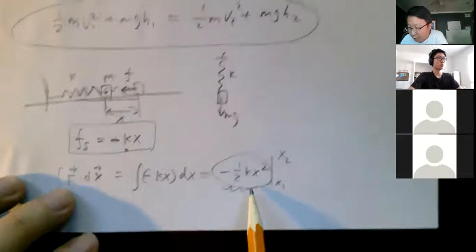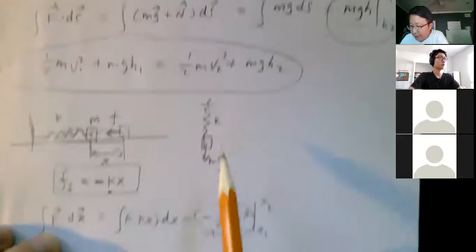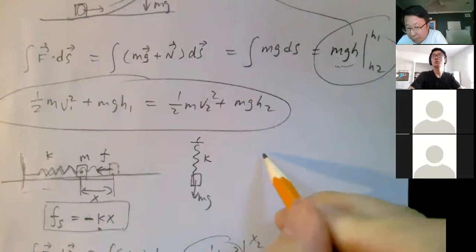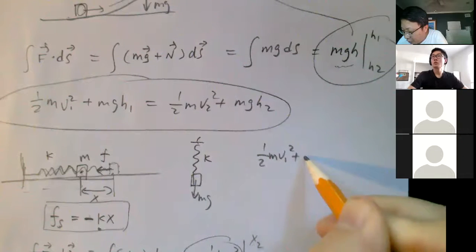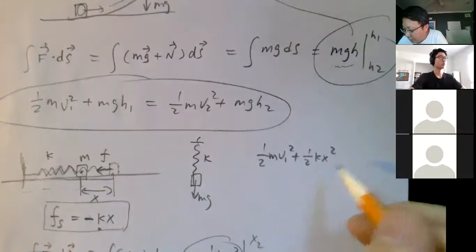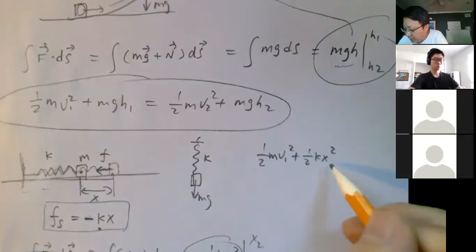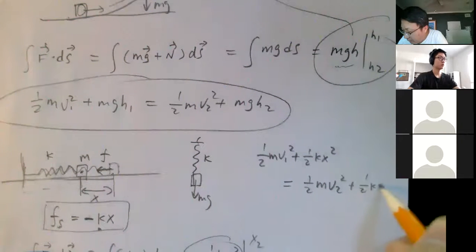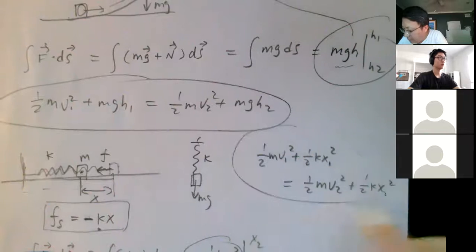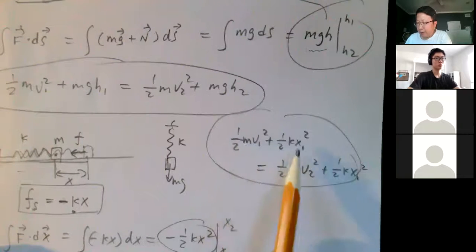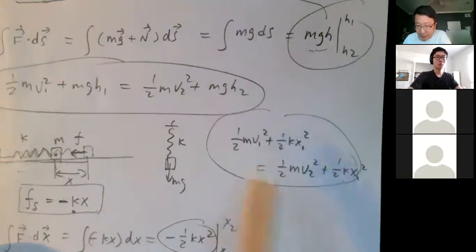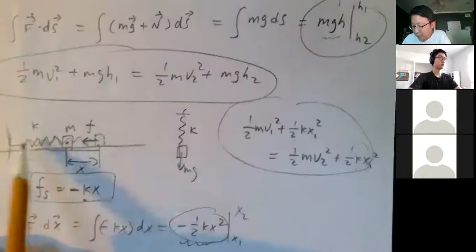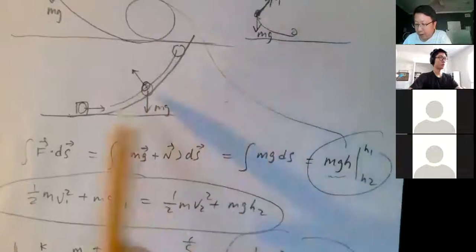If you put this back into the formula, you get kinetic energy plus initial potential energy plus initial spring potential energy equals the final kinetic plus potential energy. So this is energy conservation. All of these systems are energy conservation cases.